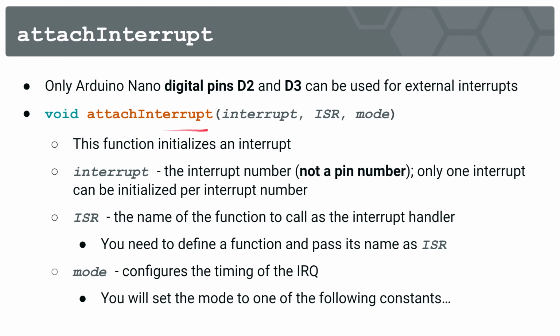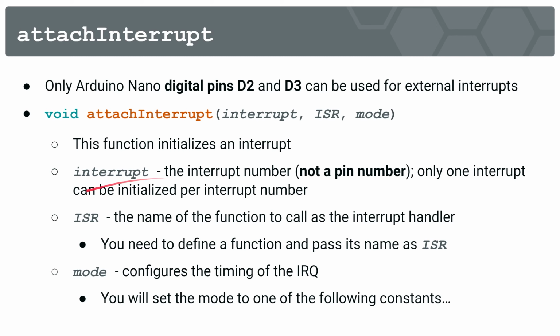And this function, as you can see in the declaration, has just 3 parameters. Let's talk about them. The first one is interrupt. This is the interrupt number, not a pin number. This is the interrupt number that you want to initialize. And only one interrupt can be initialized per interrupt number.